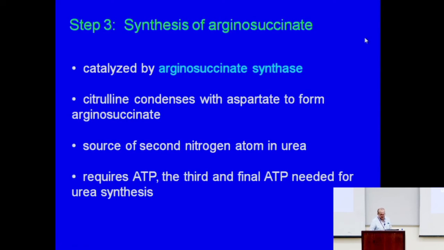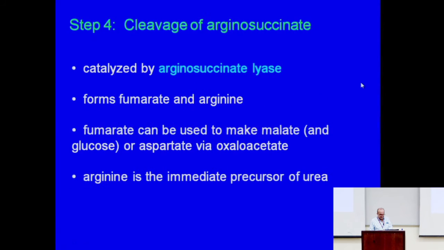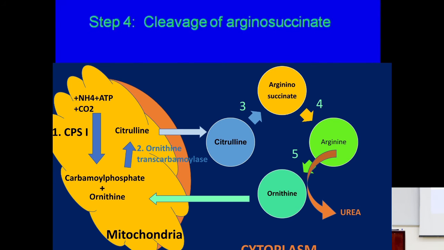In the cytoplasm, citrulline will be condensed with aspartate to get the second nitrogen from aspartate, and that will form argininosuccinate, and the enzyme that makes that is argininosuccinate synthase. Then argininosuccinate lyase breaks that molecule to give you arginine and fumarate.